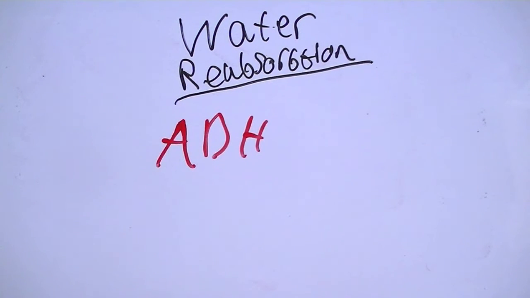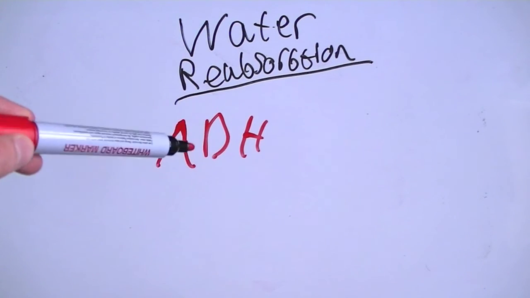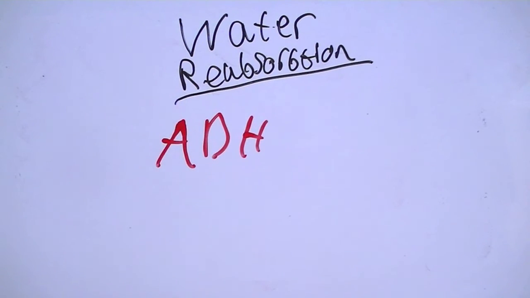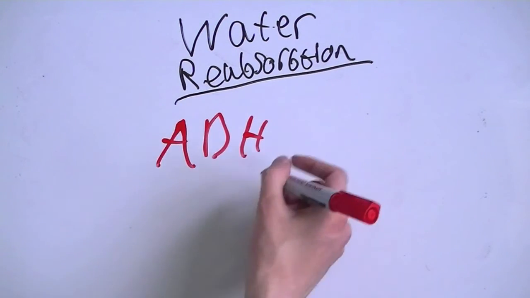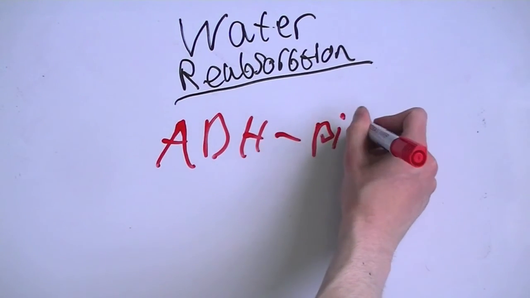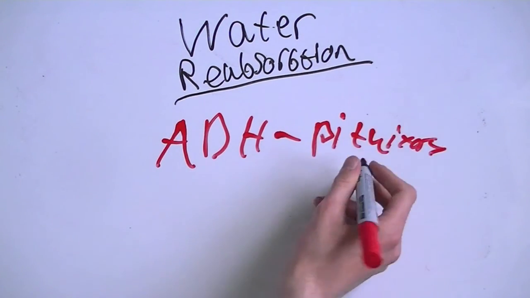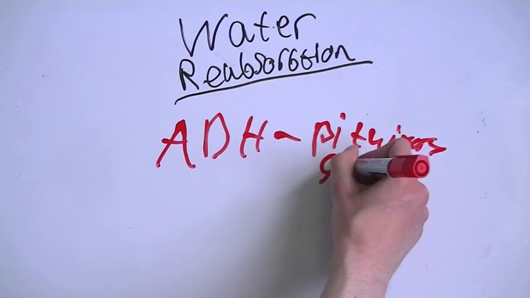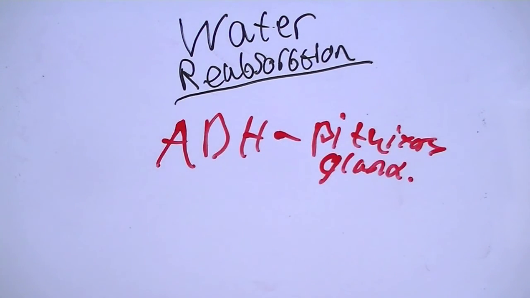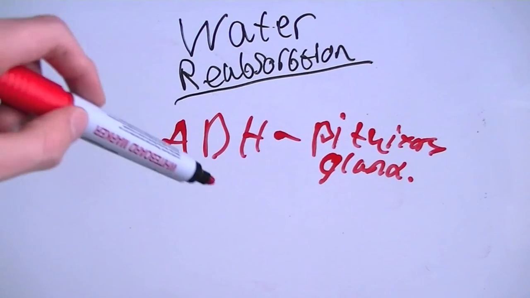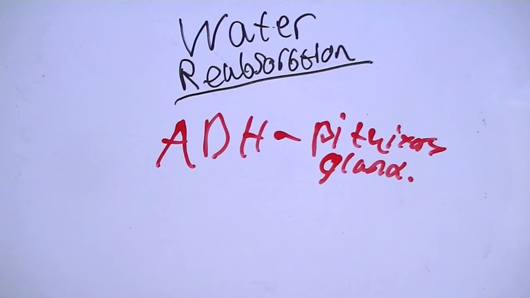Just remember that water reabsorption is controlled by a hormone known as ADH. And ADH, you need to know this, is released by the pituitary gland. I call it the pituitary gland. So it's released by the pituitary gland, and what ADH does is the more ADH there is, the more water that's reabsorbed. So ADH causes water reabsorption into the blood.